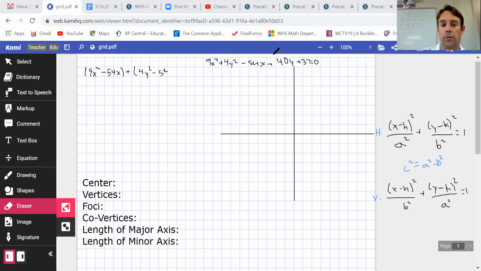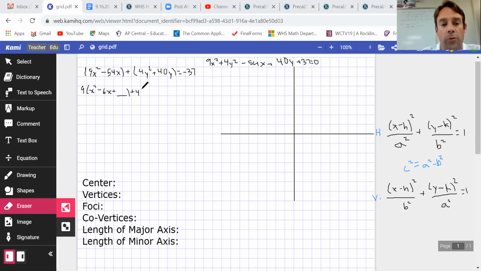Oopsies. That'd be a 40 right there. That's a plus 40. And that 37 got moved to the other side. So now we're going to factor out our 9. So 9 times x squared minus 6x plus, and we're going to have to figure out what that number is that goes right there.